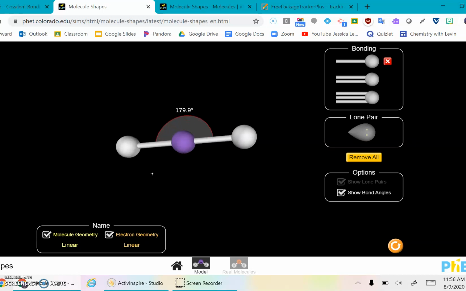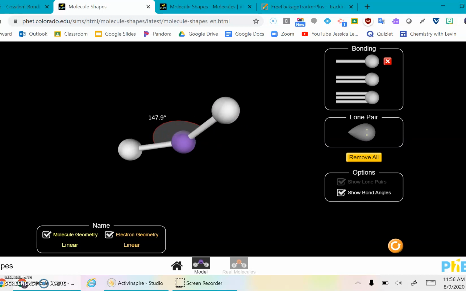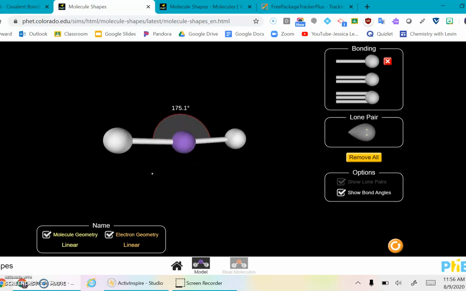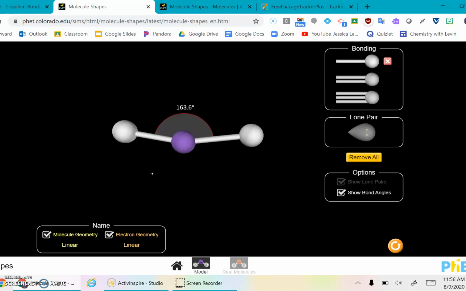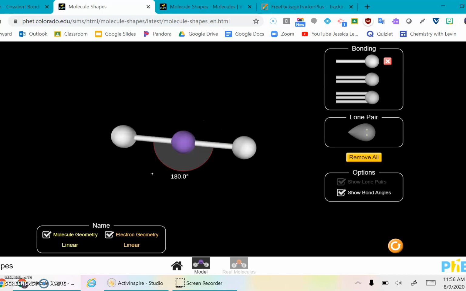So this is 2 things around our central atom, like so. Here you see you are at 180 degrees. It doesn't matter how you push it, they're always going to repel one another. If you just have 2 things bonded to one another, it's still called linear, even though we don't technically have a bond angle.